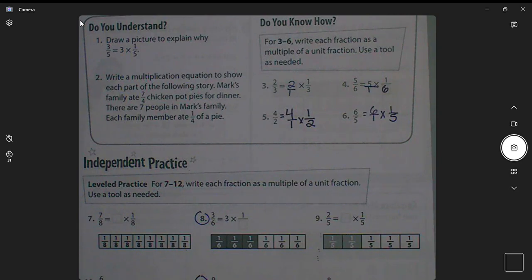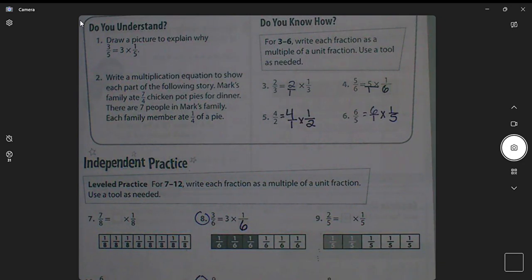So that 3 is my whole number, right? That's my numerator. Times 1 out of how many pieces? How many pieces did I have? You're right, 6. 3 times 1/6.